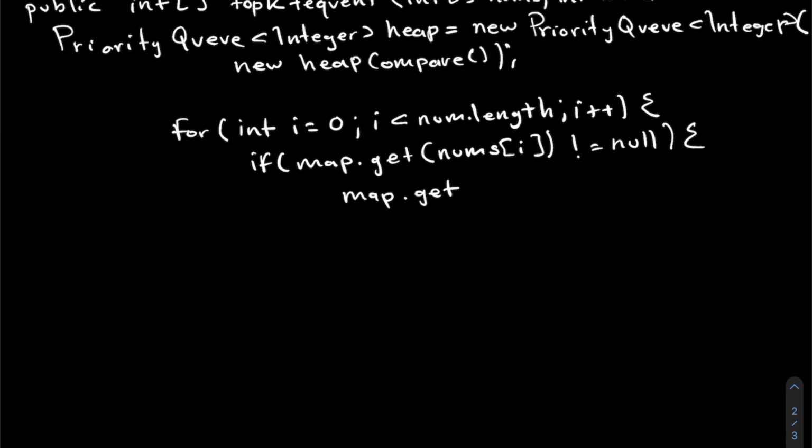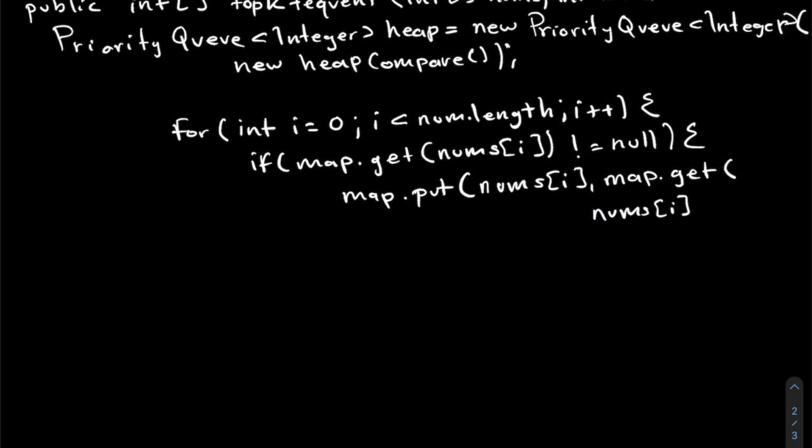Sorry, it's supposed to be map.put, not map.get. This is the value here. It's going to be nums[i], and we're just doing map.get(nums[i]) + 1. I'm going to run out of space here.